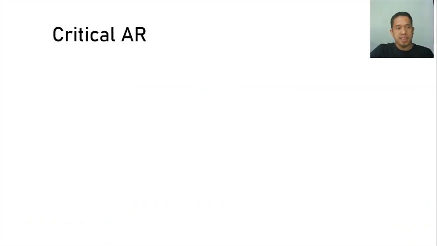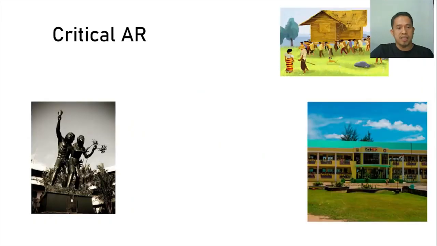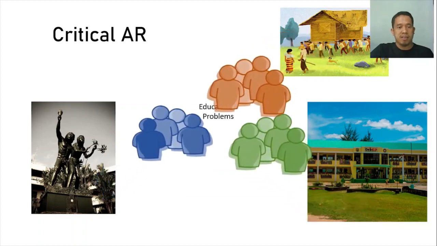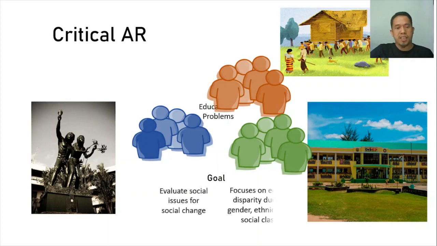Another type is critical action research. What happened here is that there are already at least 3 participant sectors here on top of HEI and basic education sector. Community is a necessary part.